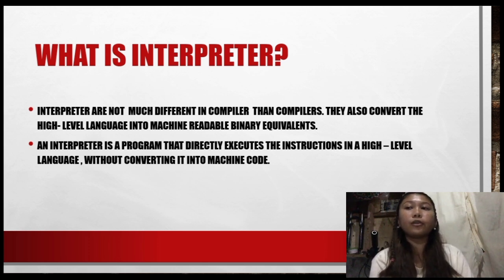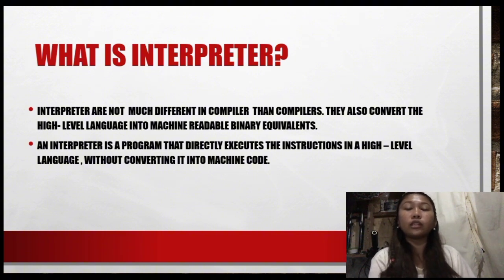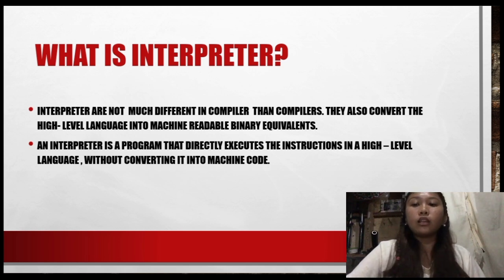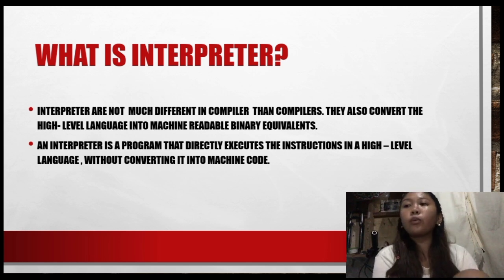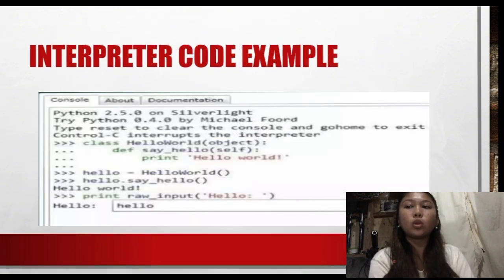An interpreter is a program that directly executes the instructions in a high-level language without converting it into machine code. As we can see in my presentation, this is an example.